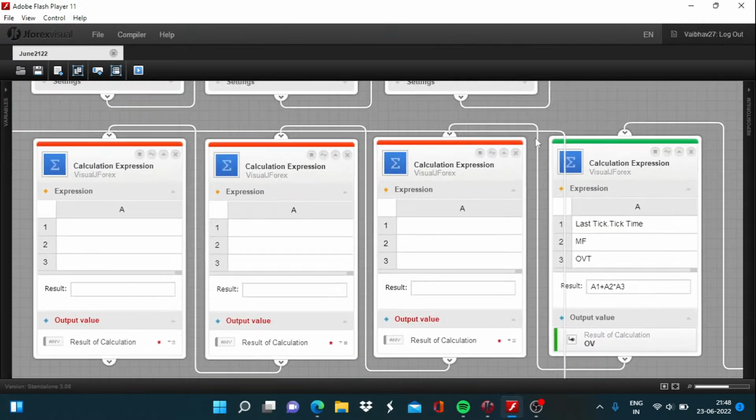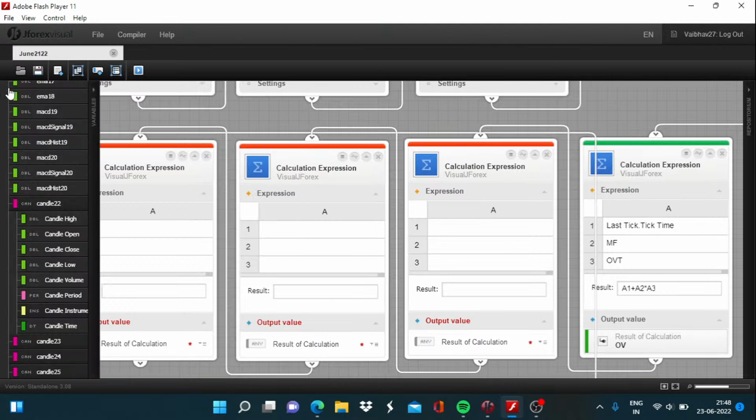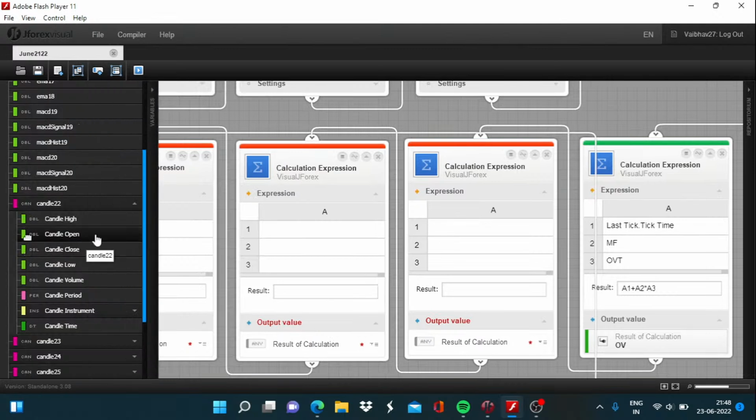Now let's consider candle 22nd open price and close price.